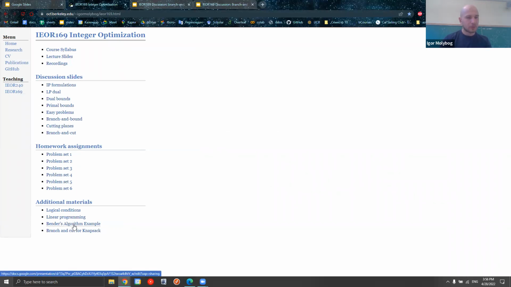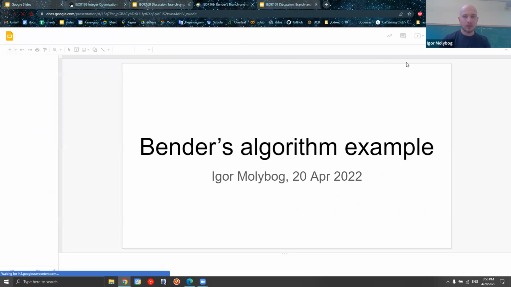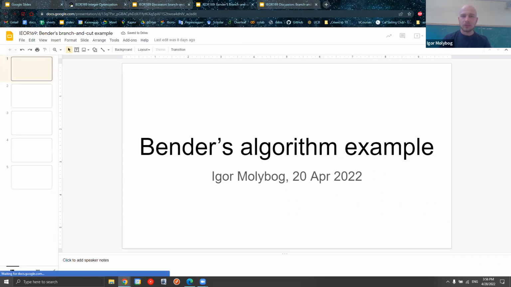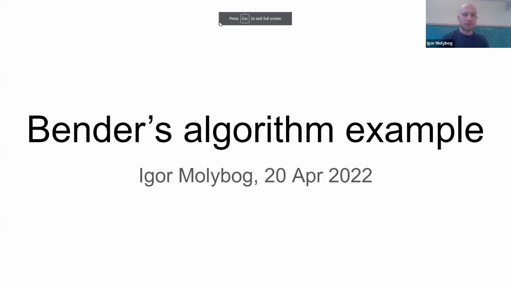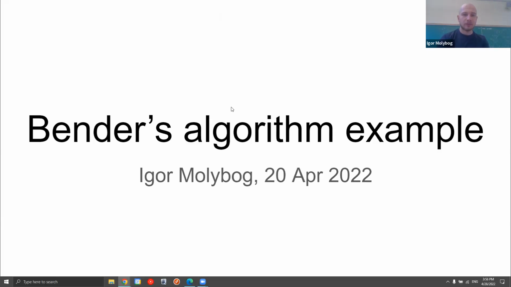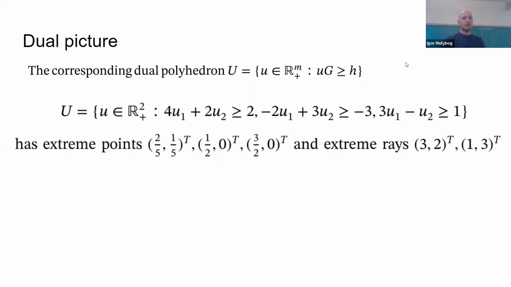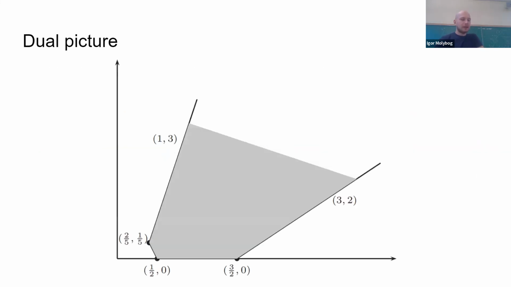It's probably better to take a look at the example of the Benders algorithm once again, because it's a general purpose example, while the Benders algorithm is more specialized. In the Benders algorithm, we had a dual picture like this.